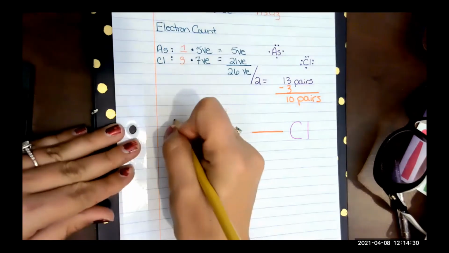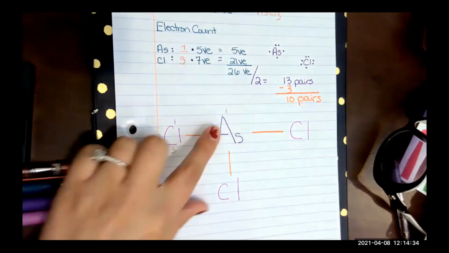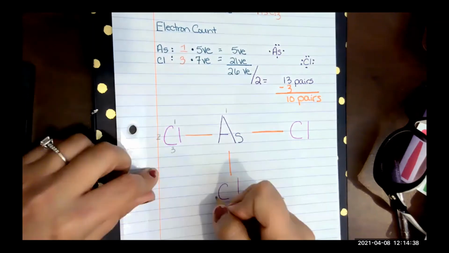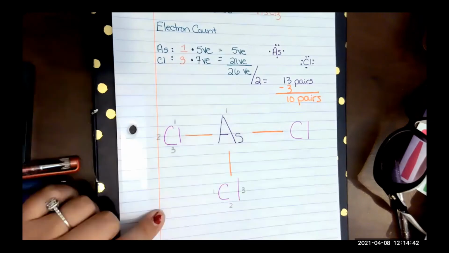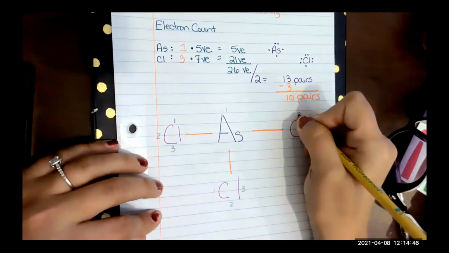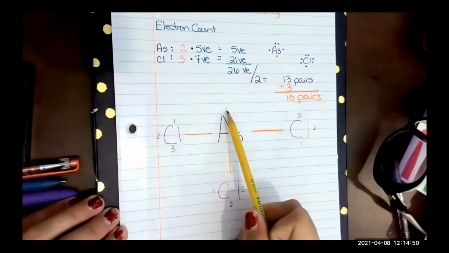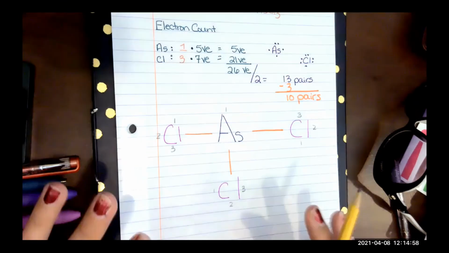You have 1, 2, 3 around here that's needed. You have 1, 2, 3 around here that's needed. And you have 1, 2, 3 around here that's needed. So we can count: 1, 2, 3, 4, 5, 6, 7, 8, 9, 10 pairs needed to make everything full without another bond. We have 10 pairs. We can do that.